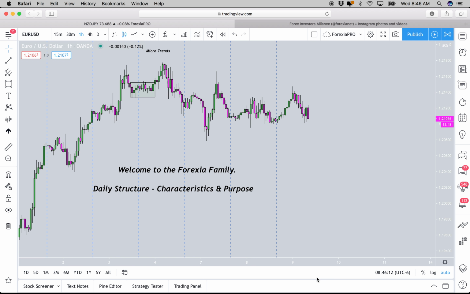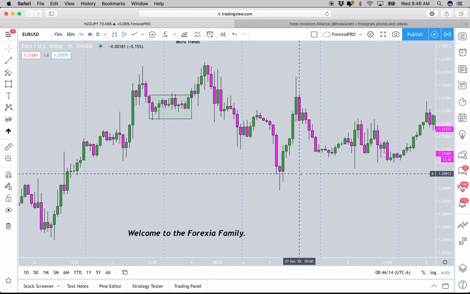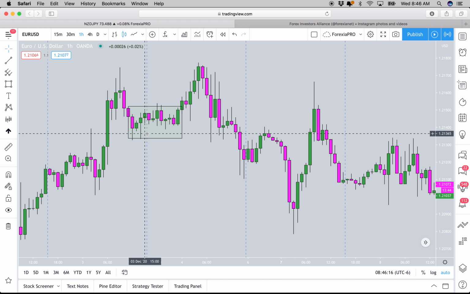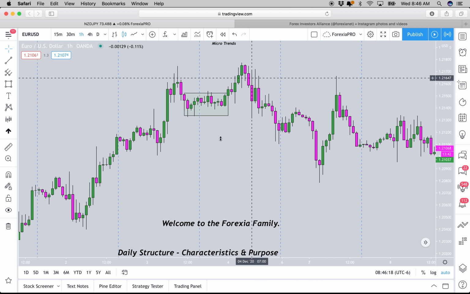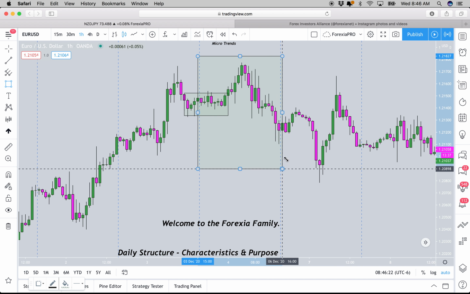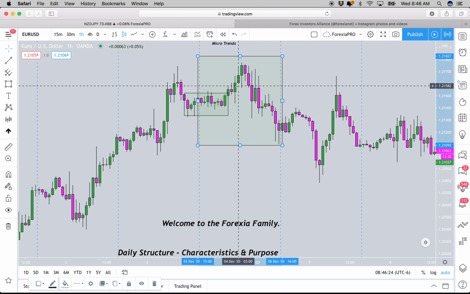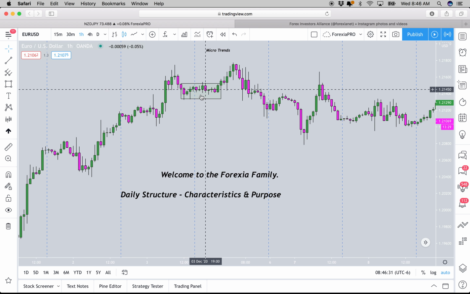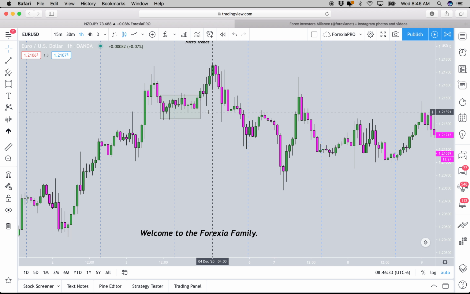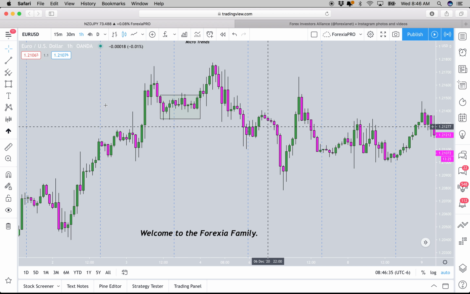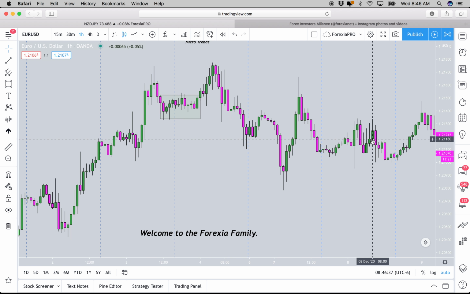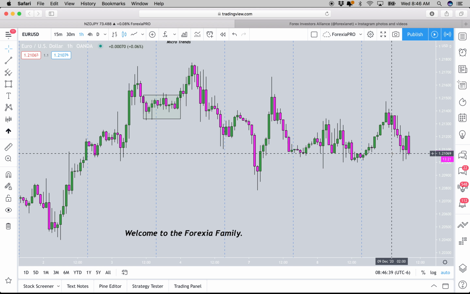This is very important because this is going to show us the start of the day and the end of the day. That means everything in between the start and the end is what we have as the daily structure. So this is one day, this is another day, this is one day, this is today.